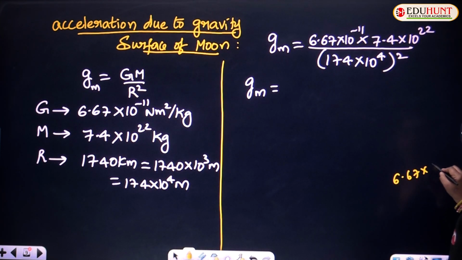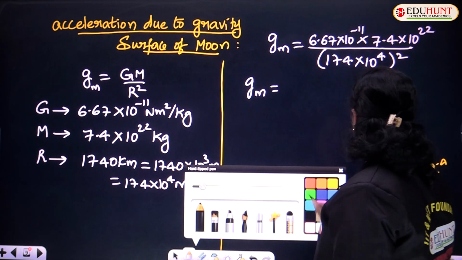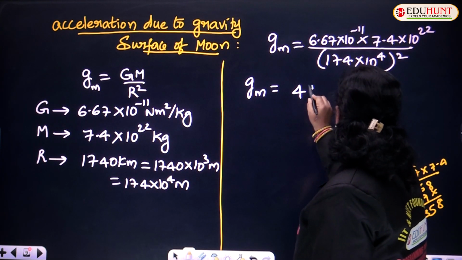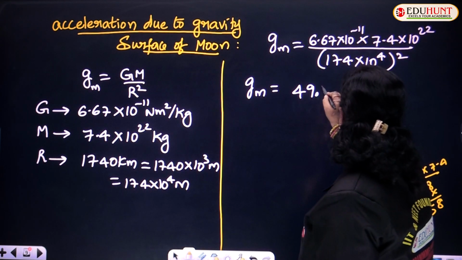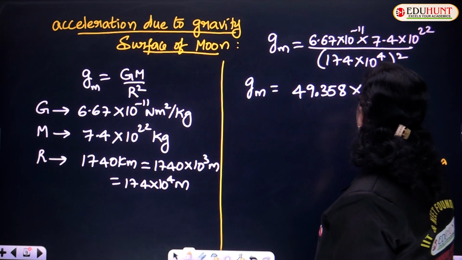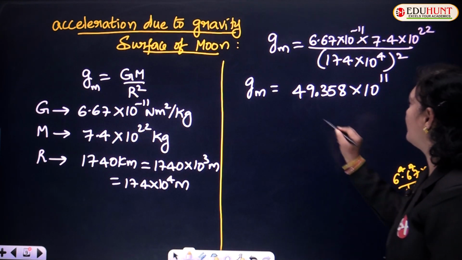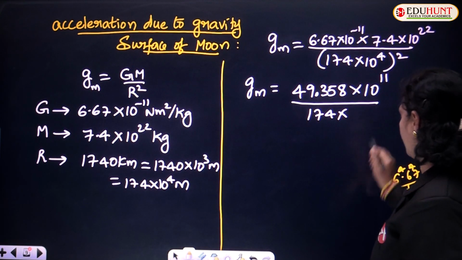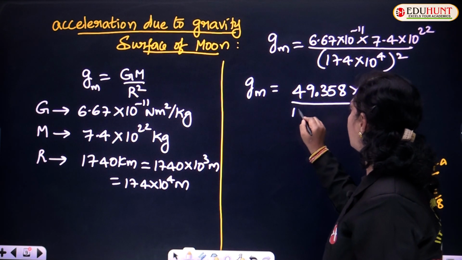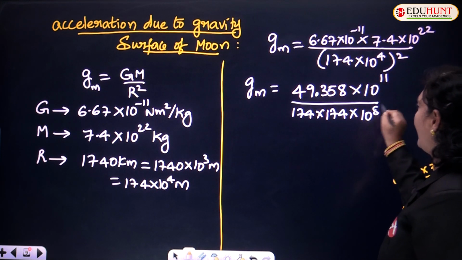You'll be getting it as something around 49.358 into 10 power minus 11 and 10 plus 22, which will be 10 power 11, upon 174 square, which is 174 into 174 into 10 power 8.